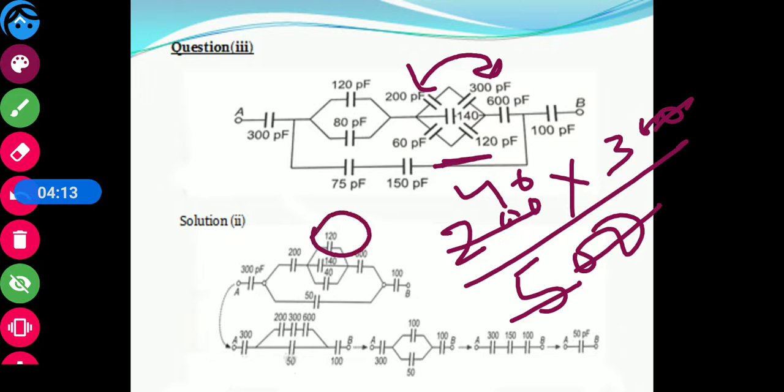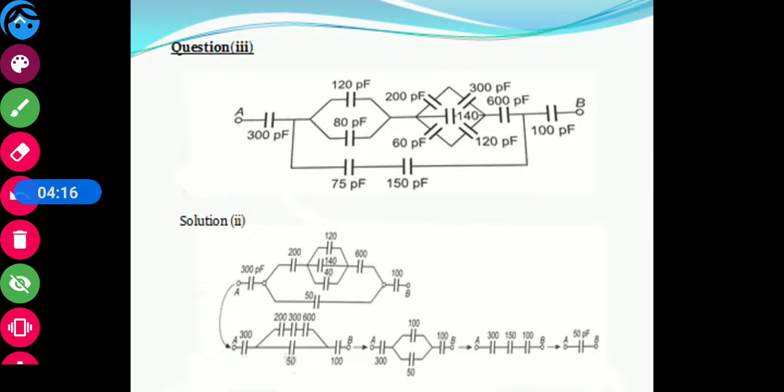So here it is 120 microfarad. So in place of these two, 200 and 300, we can write 120 microfarad. Similarly, in place of 80 and 120 microfarad, you can write the resultant, which is 40, and in between that is 40. So these three are in parallel to each other.